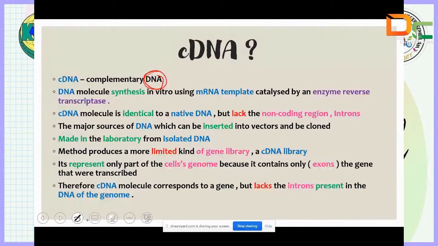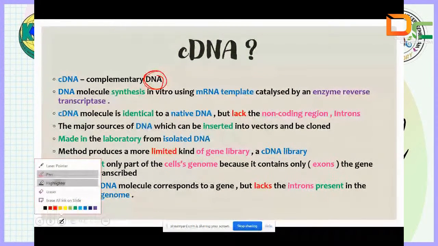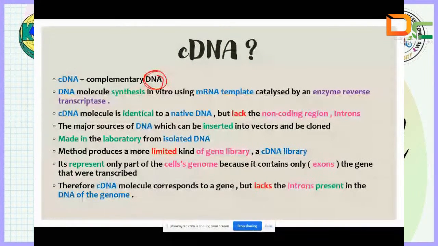Okay, so in this process, what are we going to learn, Umu? The process of production of cDNA. Production or synthesis in vitro using mRNA template.